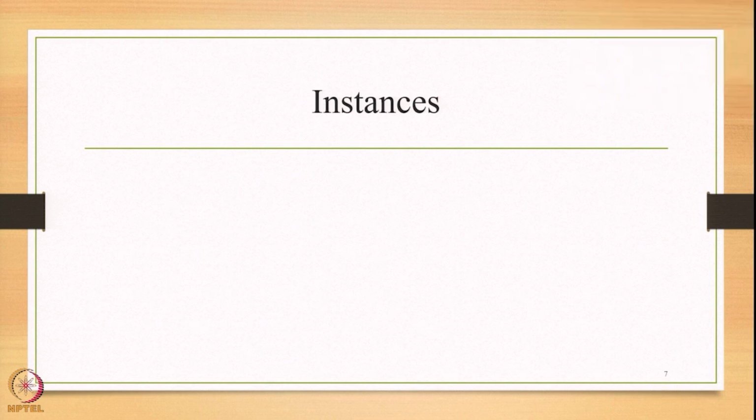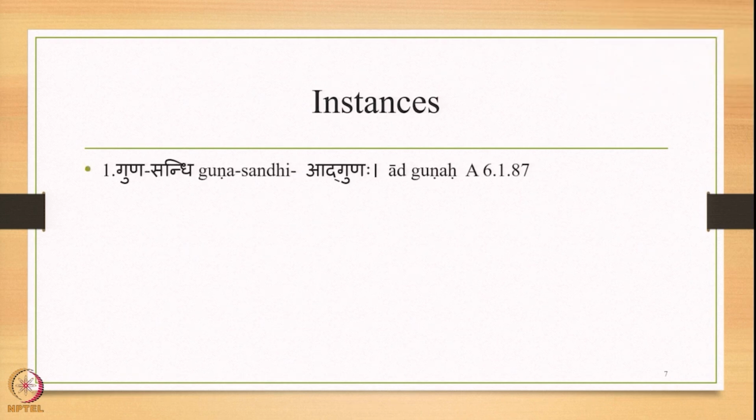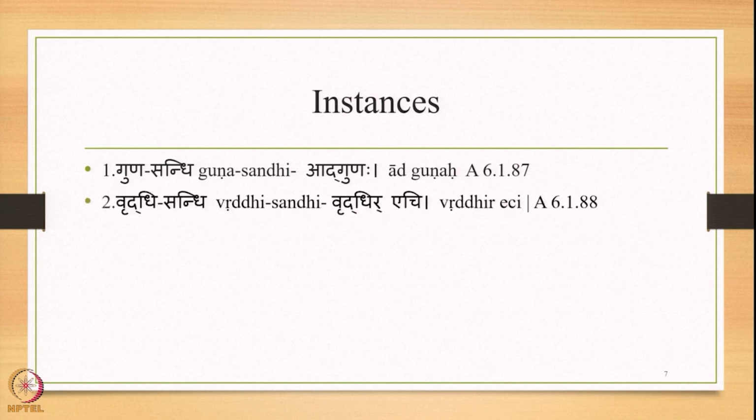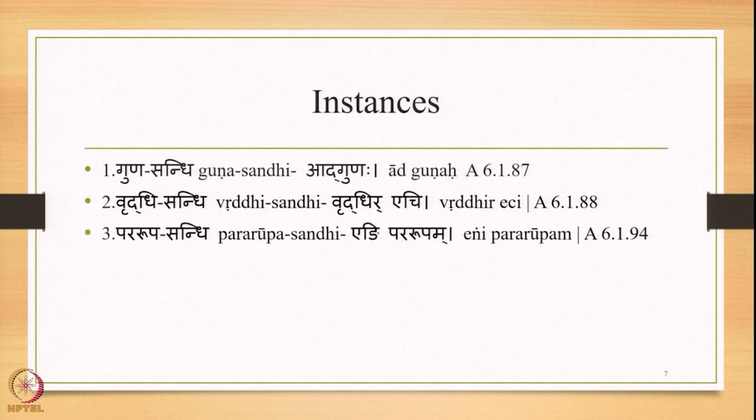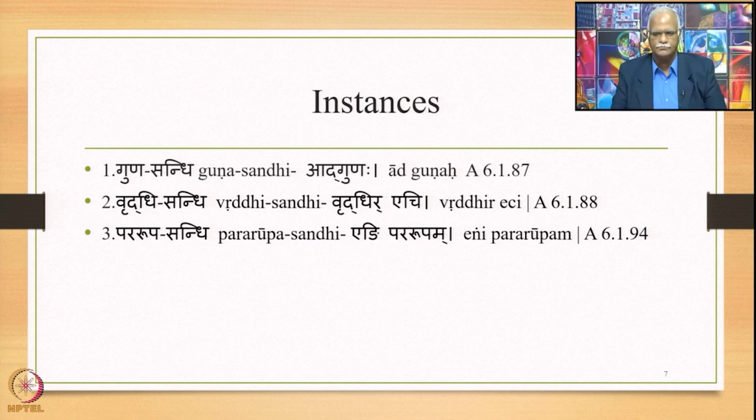The instances of Dvisthanika Ekadesha are 5. The first one is Guna Sandhi, stated by the Sutra Ad Gunaha 6.1.87. The second one is Vriddhi Sandhi, stated by the Sutra Vriddhi Rechi 6.1.88. The third one is Pararupa Sandhi, stated by the Sutra Engi Pararupam 6.1.94 onwards.